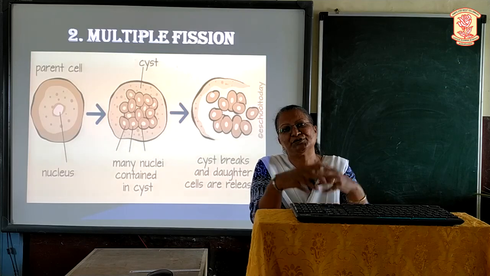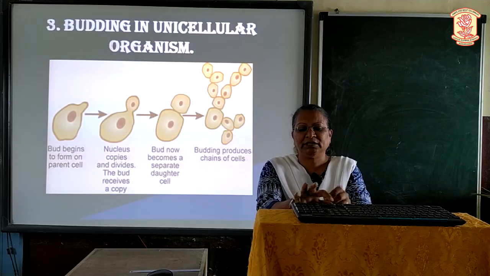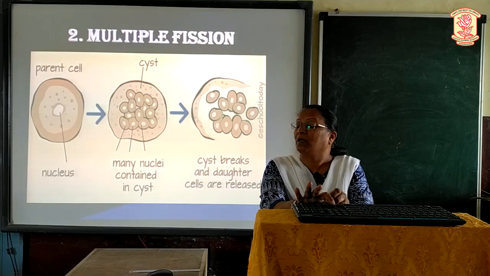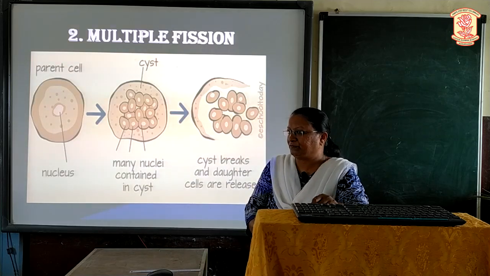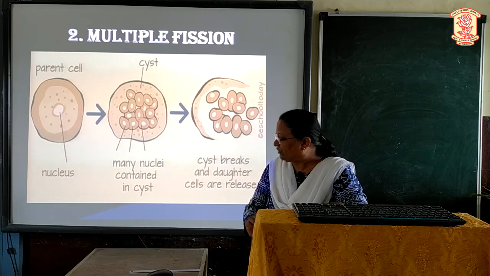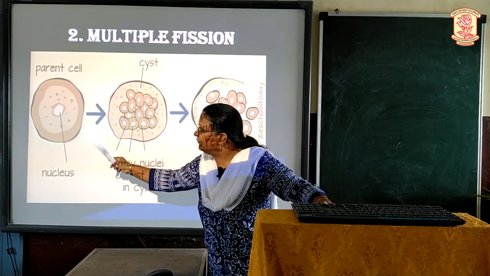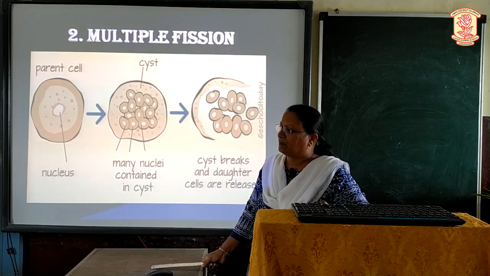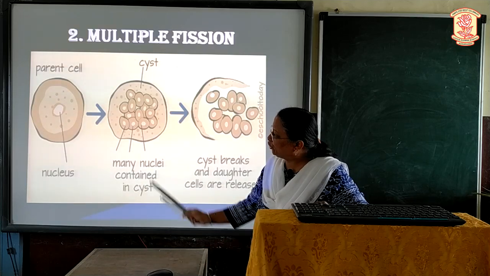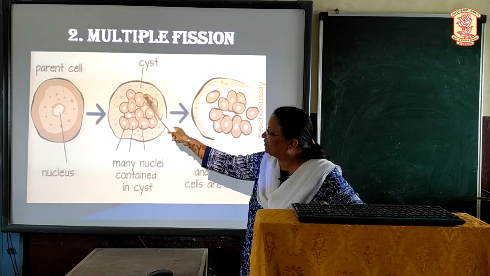Multiple means what? So many. We very well know that the climatic conditions are not the same throughout the year. When the climatic conditions are unfavorable, this amoeba develops a hard covering which is called the cyst around the parent cell. And then what happens? The nucleus starts multiplying into many nuclei inside that hard covering.